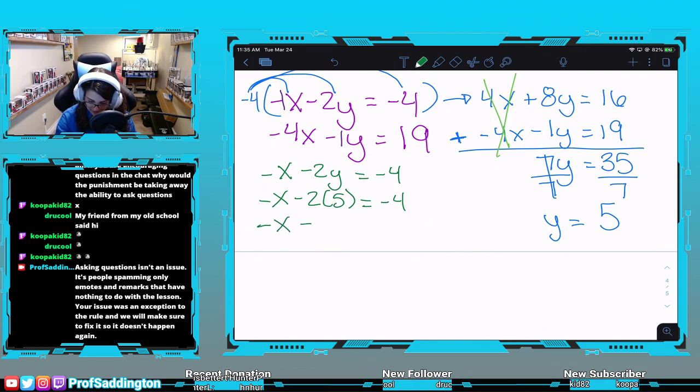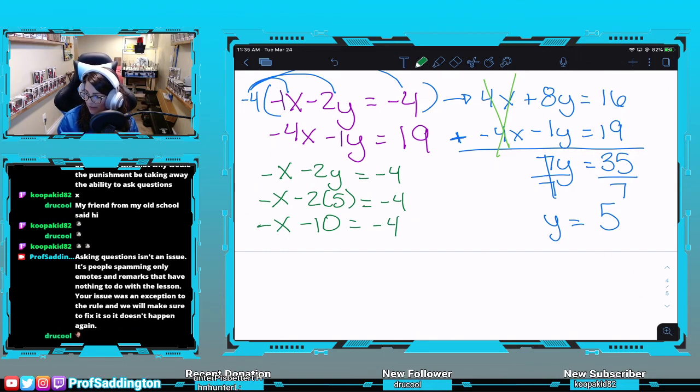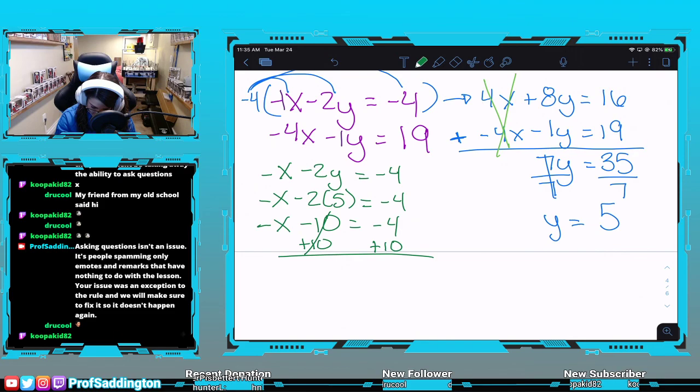So we get negative x minus 10 equals negative 4. We're going to add that 10 over. So we get negative x equals positive 6.